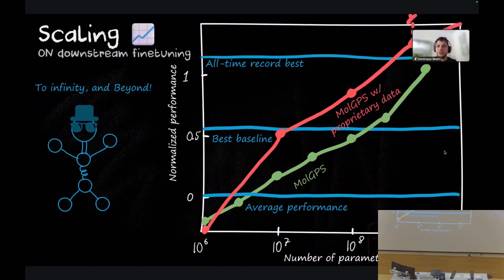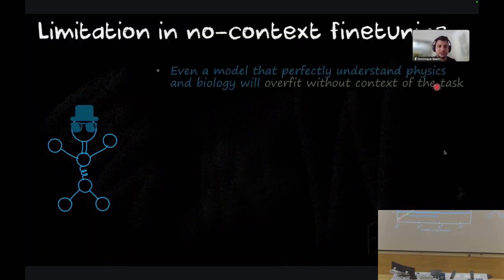And especially by using our proprietary data rather than just public data, we were able to beat the all-time record best, meaning that MolGPS became the default de facto model used across Recursion and across all the acquisitions of Recursion for any kind of molecular property prediction, except of course binding affinity, where specialized models could perform better.